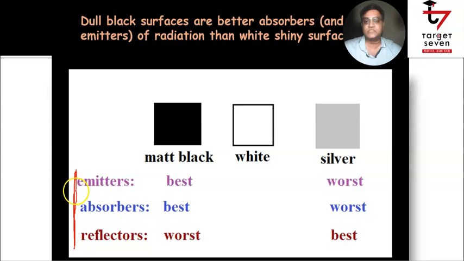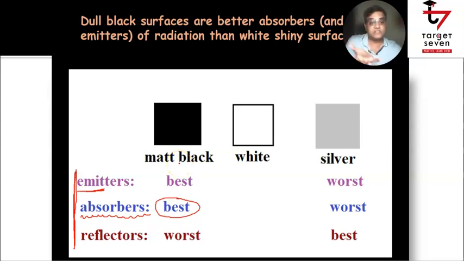The first one I would say is being an emitter. But in order to understand this emission, let's try to understand absorption. Do we all know that dark colored objects or black colored objects are very good absorbers? Which means if you let radiation incident on a black colored object, that radiation will be absorbed.